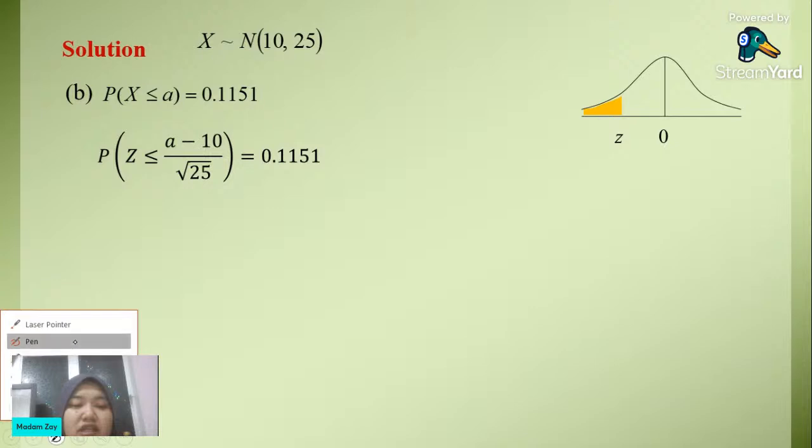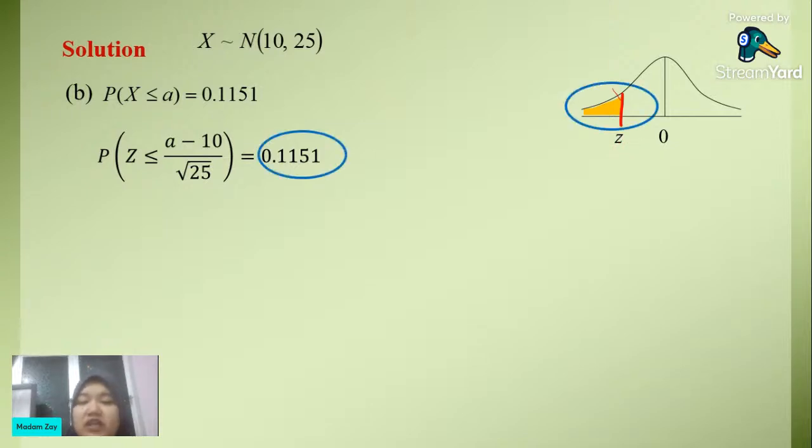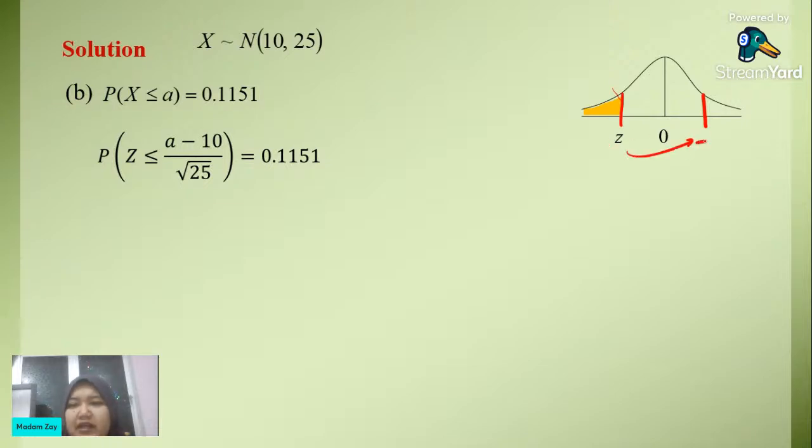So this is only logic. If this part is less than, we cannot directly check from the table. What we need to do is to reflect. To reflect, it will be on the right side. Reflect on the X equal to 0 here. Then we get negative Z, and it's more than.